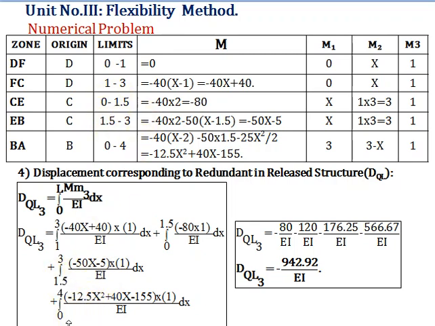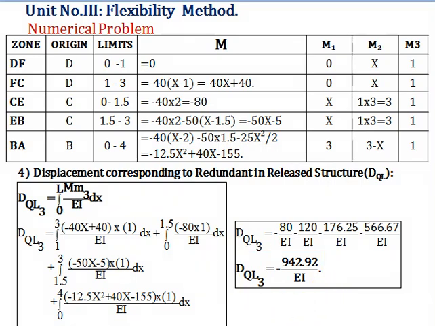And for BA, integration 0 to 4, then value of M is minus 12.5x square plus 40x minus 155 into 1 upon EI. So after solving this integration, we'll get the value of dQL3 as minus 942.92 upon EI. So this is the value of dQL3.